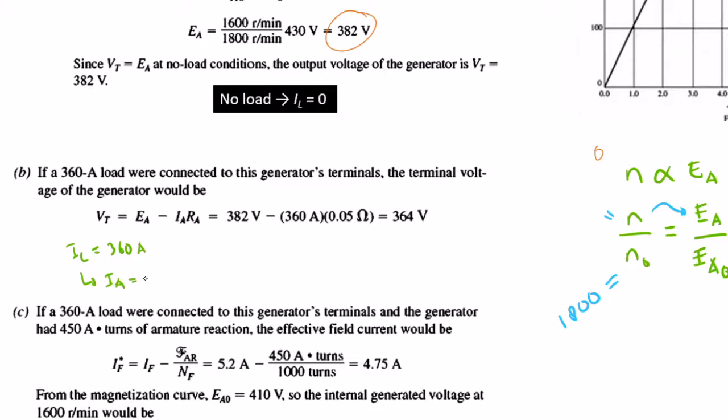And then we just use KVL, this equation here, while IA is 360. Okay, so that's done. So you should get 364 volt for the terminal voltage.